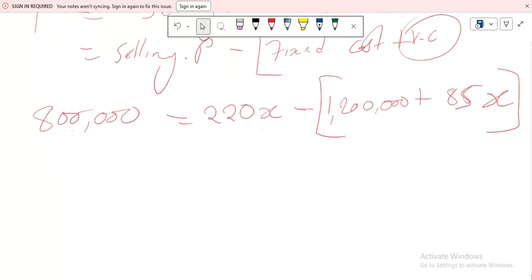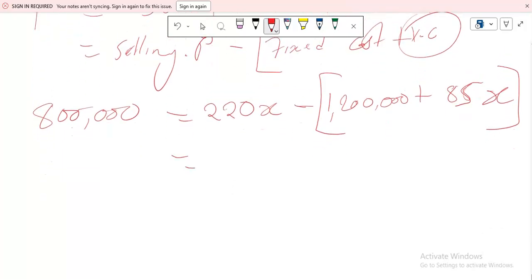So basically, when we do this, we know for sure that we have 220x minus 1.2 thousand or million kwacha minus, since negative multiplied with this negative, and I have gotten rid of the brackets.